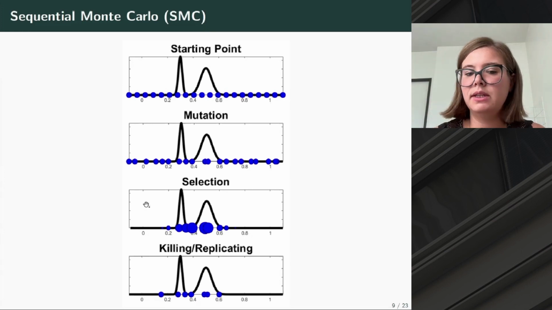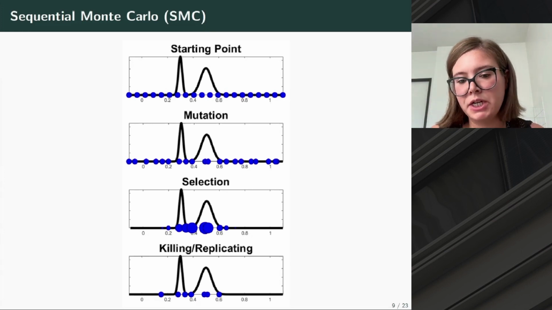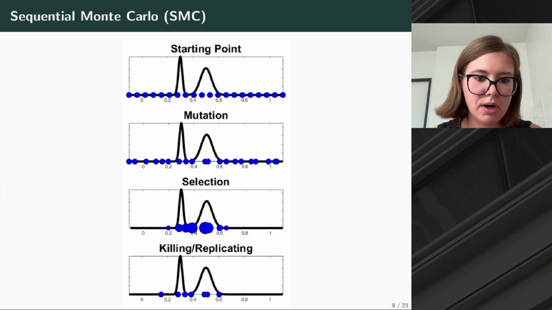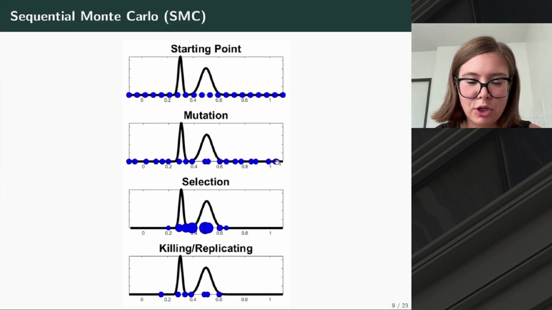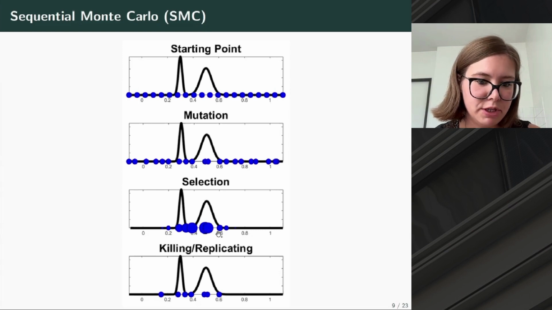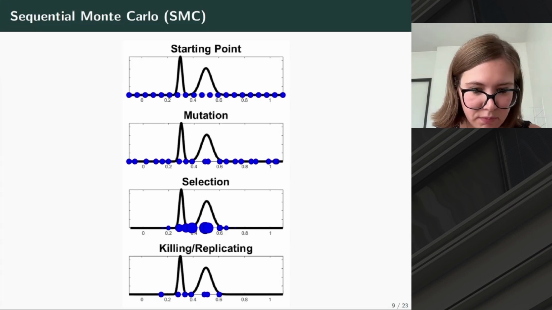Then once we have done this, we have the observations, we have the likelihood of these observations, so we can assign weights depending on how good our particles are. You cannot see them anymore, but these dots over here are still there. They're just much tinier because their weight is very low. On the other hand, these particles over here, which are close to the high probability region, have a high weight, and so they are bigger and visible.